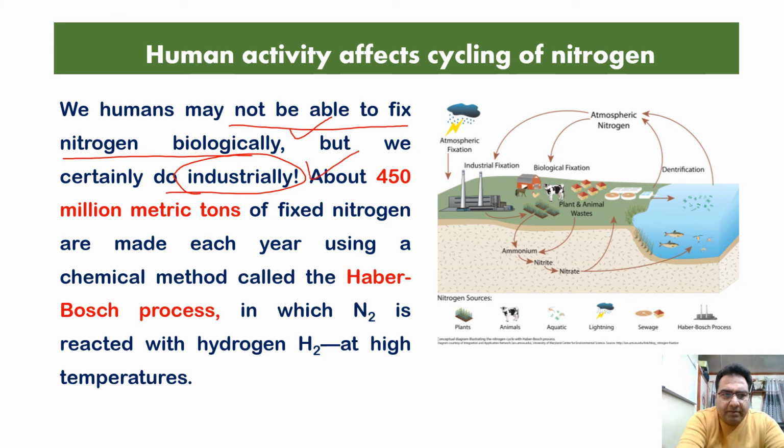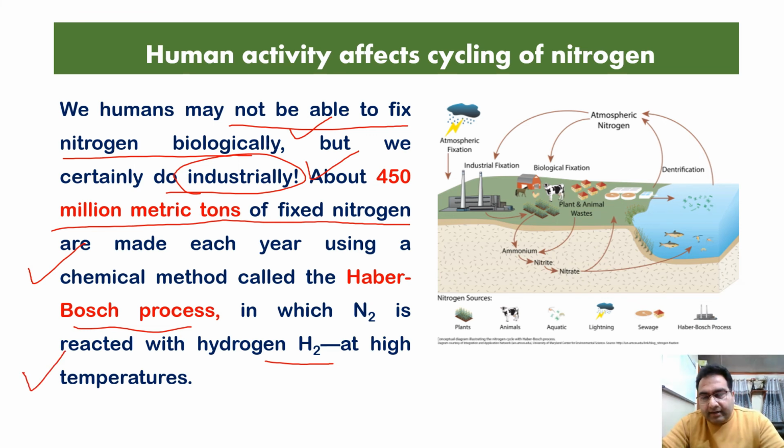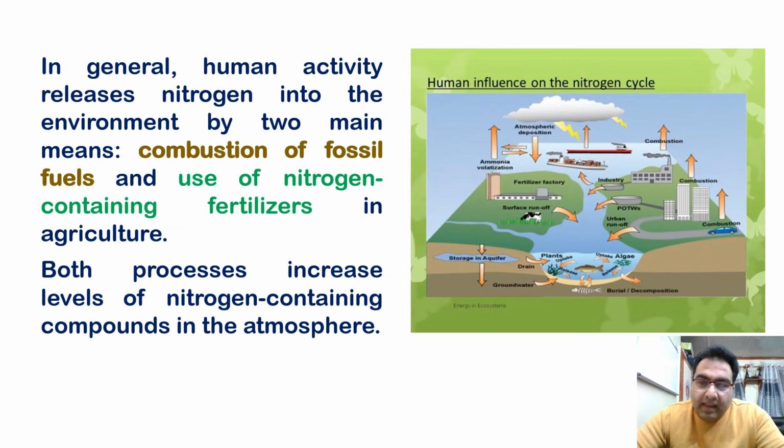About 450 million metric tons of fixed nitrogen are made each year by a chemical method called the Haber-Bosch process, in which nitrogen is reacted with hydrogen at high temperature. This reaction is used in industries to make fertilizer for plants in the form of ammonia and urea, that is, ammonia-containing substances.